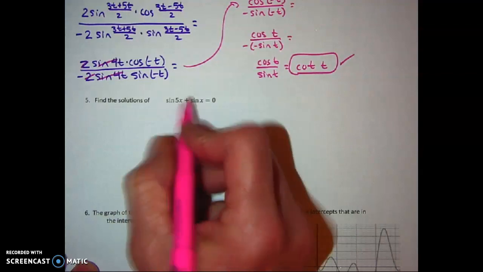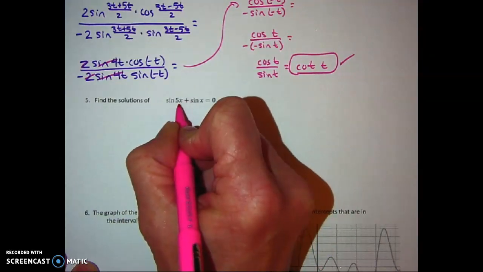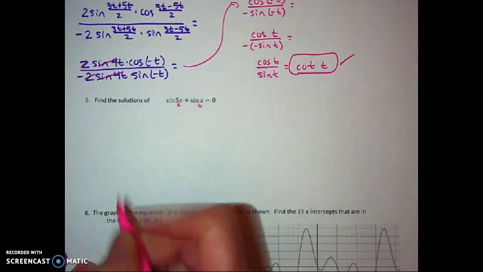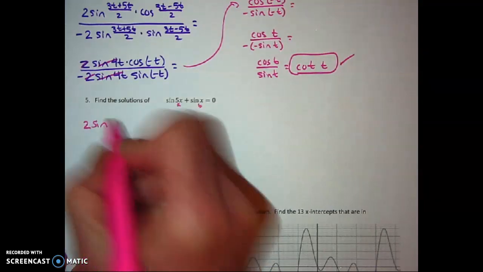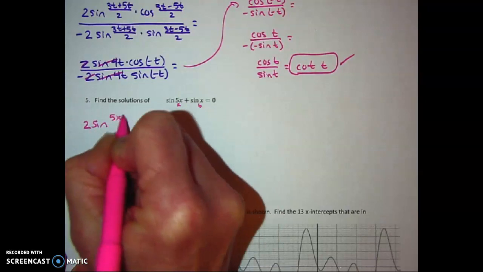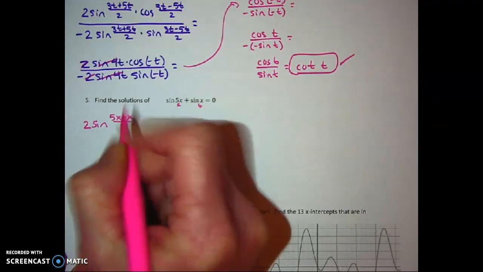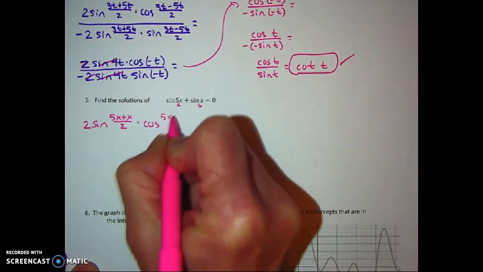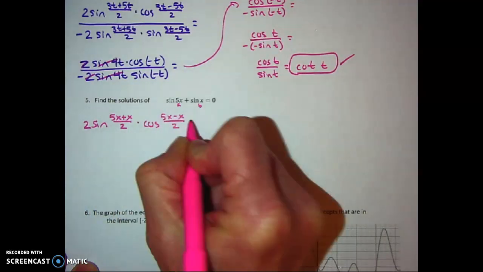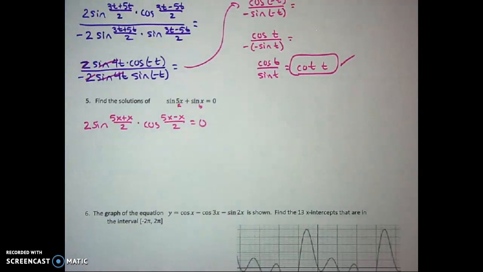So I'm going to rewrite this. Again, this is going to be my a and this is going to be my b. So I'm going to have 2 sine of (5x plus x) over 2, times the cosine of (5x minus x) all over 2. That's going to equal 0.